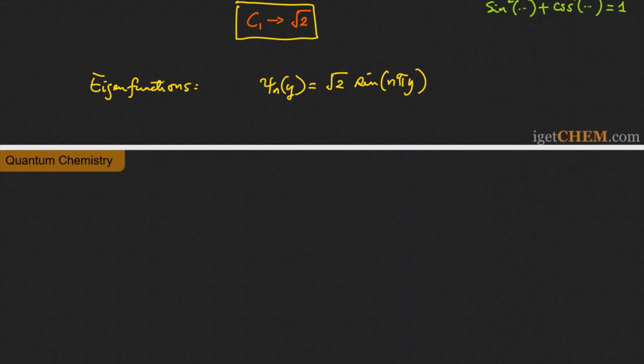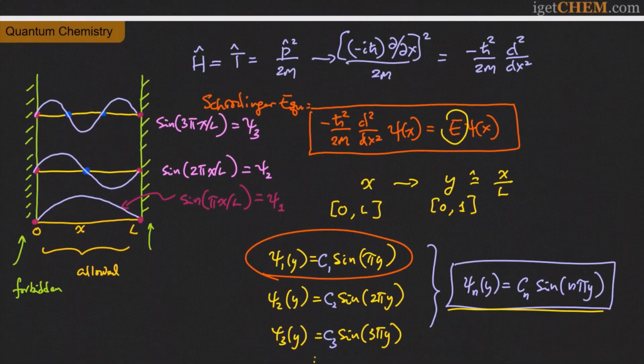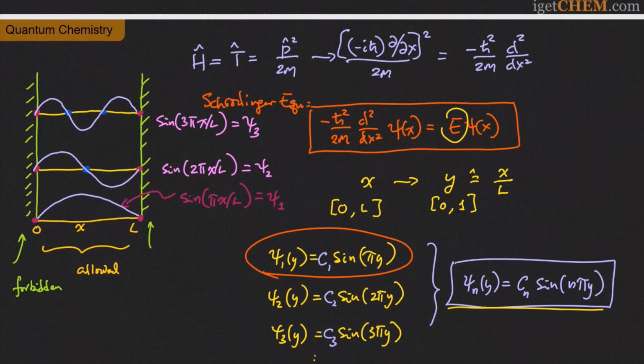Again, minus h bar squared over 2m times d squared psi of x dx squared must be equal to E times psi of x. Okay, so that is the Schrodinger equation right there.